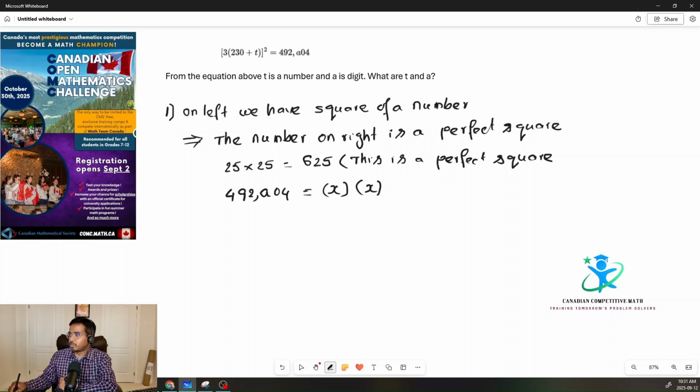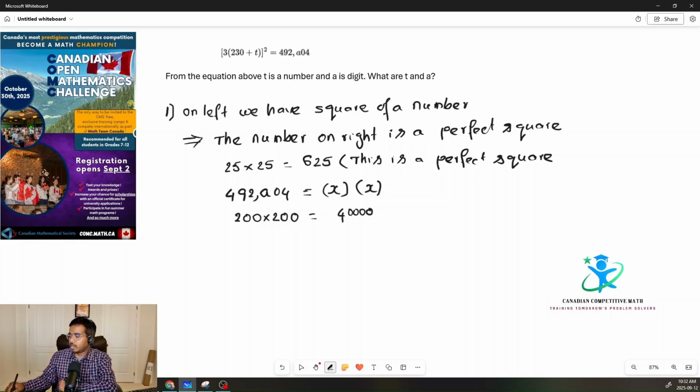Some of the properties of these squares: if I take 200 times 200, you'll have 4 zeros, and then I multiply 2 by 2, it's 40,000, right?